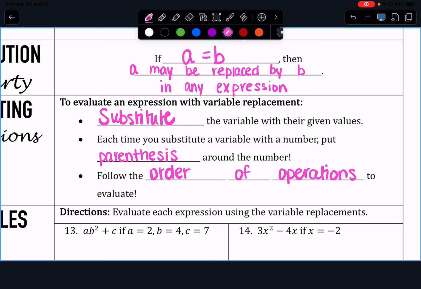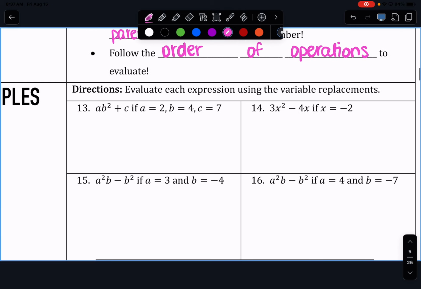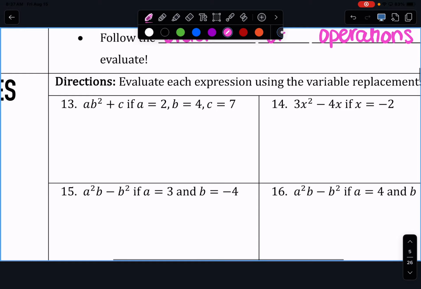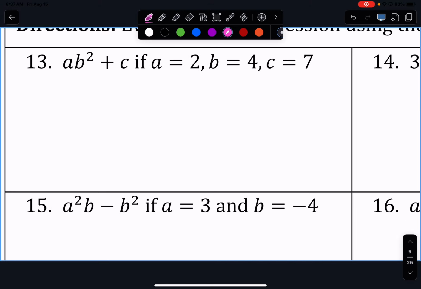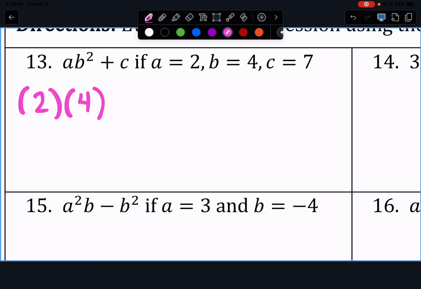So I want us to look at number 13. We are going to plug in what for A? And then for B, what do we need to plug in? 4. And when we plug in for B, the square will stay outside the parentheses. And then we have plus C, but instead of C, we should plug in.